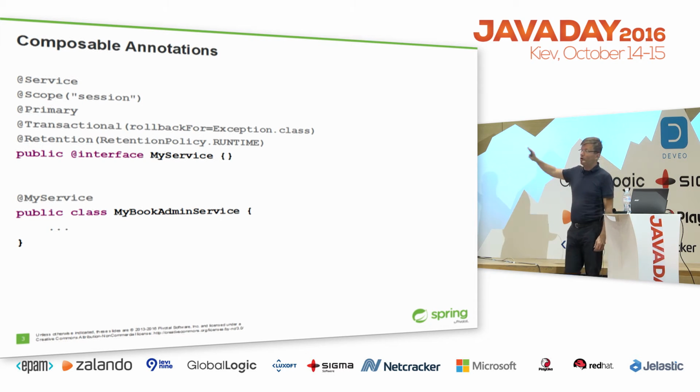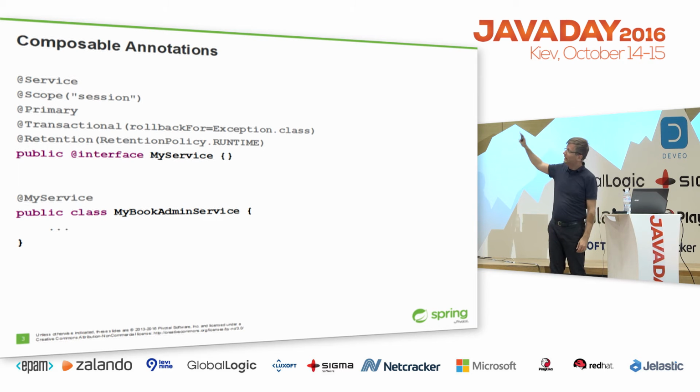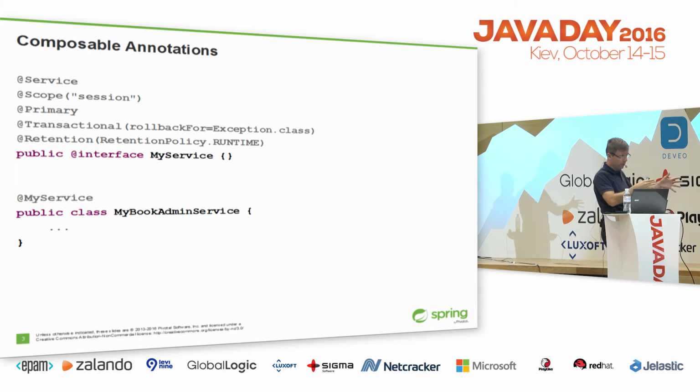There is a strong design element in here, because it's your choice to declare a custom annotation to begin with. You choose its name. I mean, here it's MyService. I intentionally use dumb class and method names here because I don't want you to actually use the same names in your code.